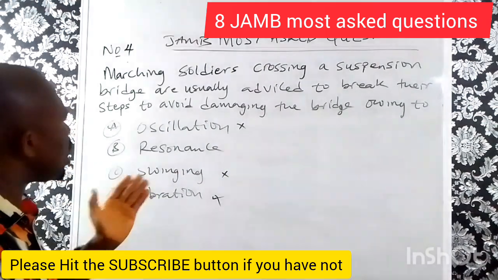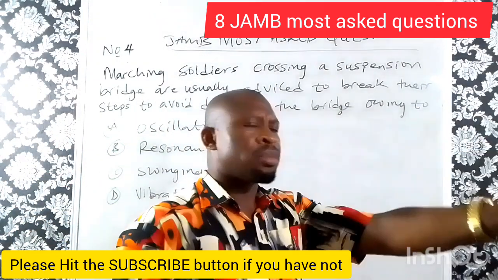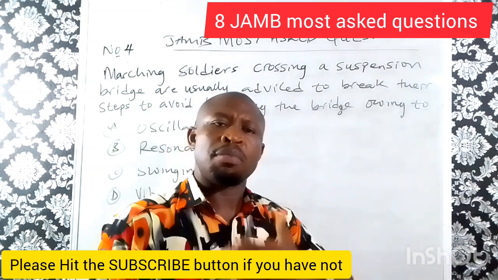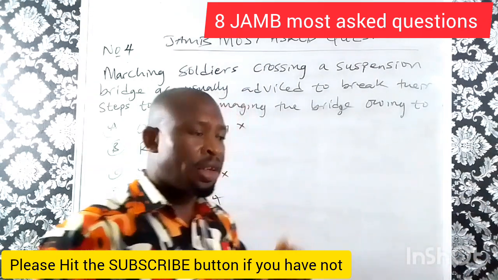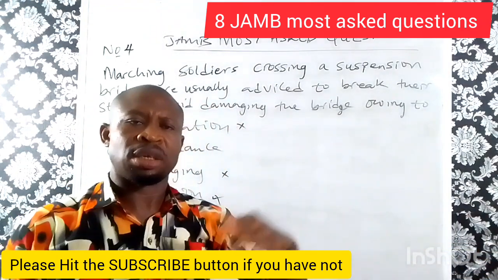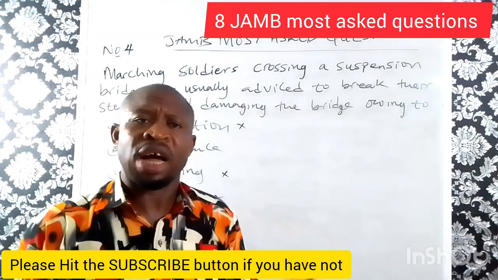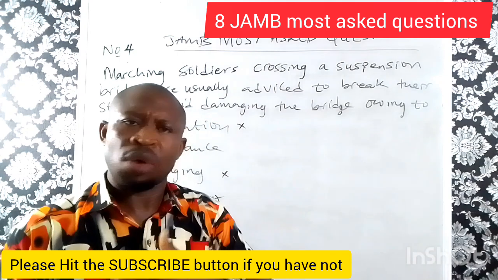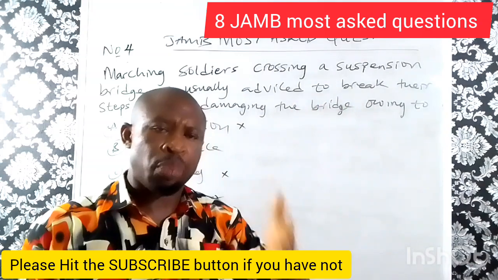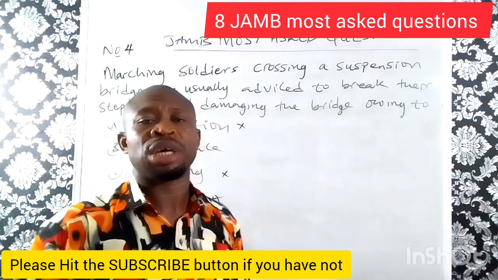That is why marching soldiers are usually advised, once they are approaching the bridge, to break their steps, or even move in groups, so that they cannot cause resonance to occur. With bridges, it can be flyovers or whatever, but as far as it is a suspension bridge, they must break their steps so that they don't break the bridge.